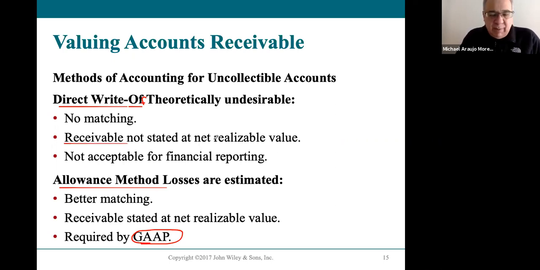They can just put it to bad debt expense. That's not something public corporations can do because GAAP says, look, you have to estimate what your losses are and keep track of this more carefully. Why? Because we want to make sure we're matching our expenses better. And so we're going to get into that.